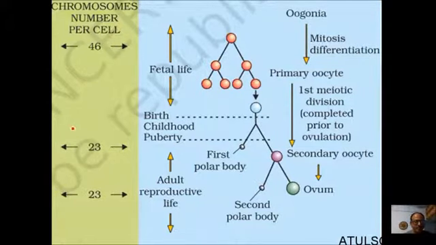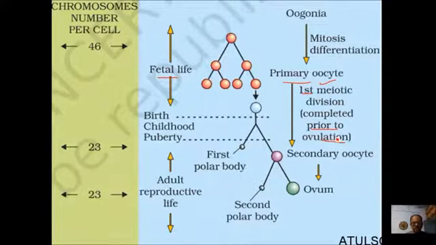The primary oocyte will undergo the first meiotic division. When will it undergo the first meiotic division? Before the birth, that is, during fetal life. The first division starts, and this division is completed prior to ovulation.